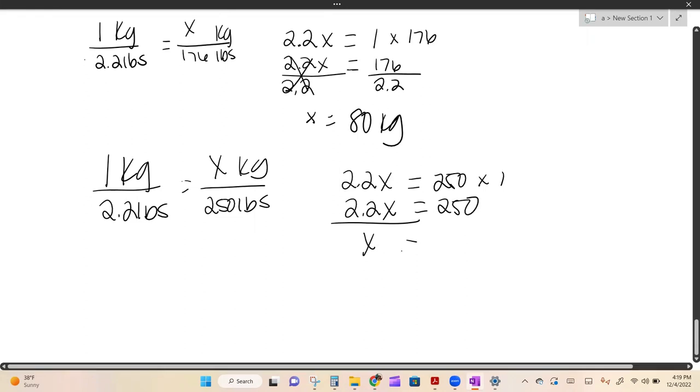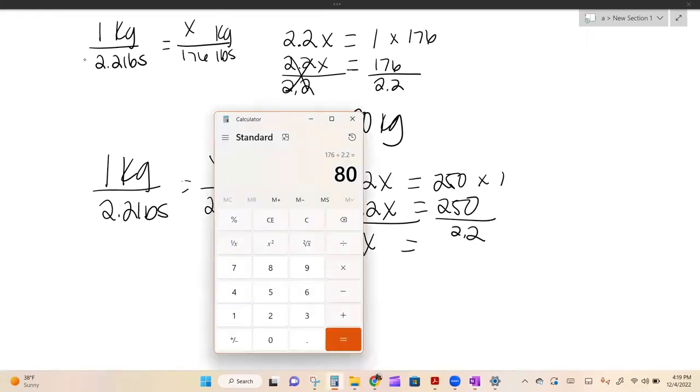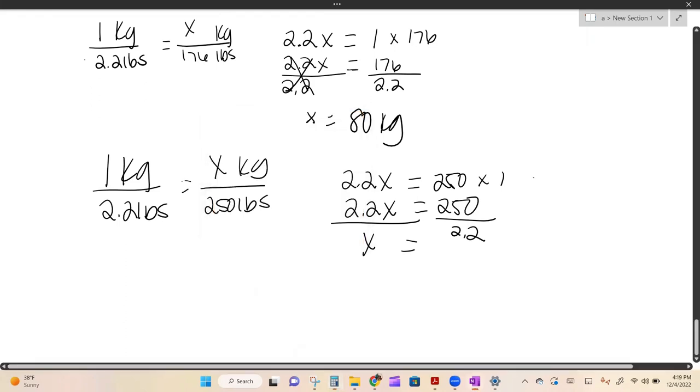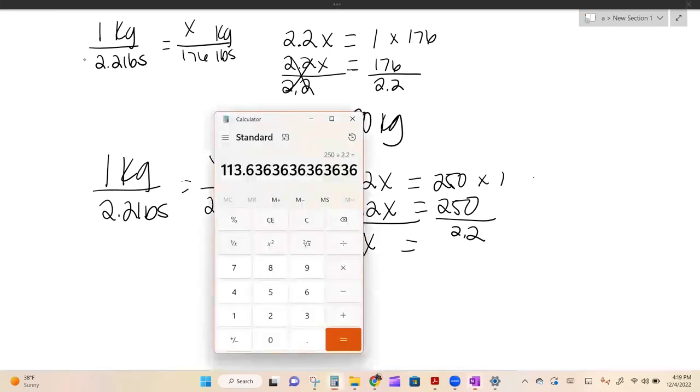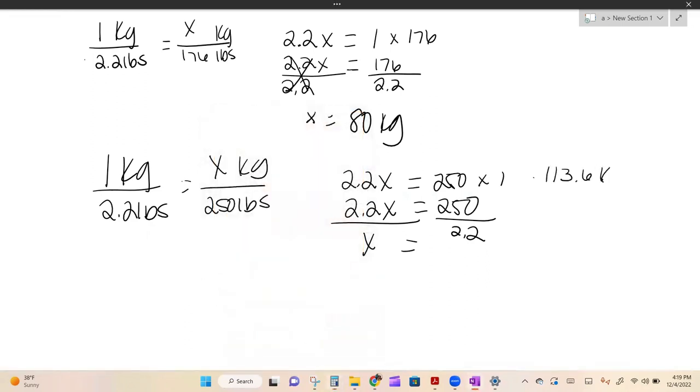And then we have our x alone, and then we're going to divide this by 2.2. So 250 divided by 2.2 means that they weigh 113.6, we'll say, kilograms.